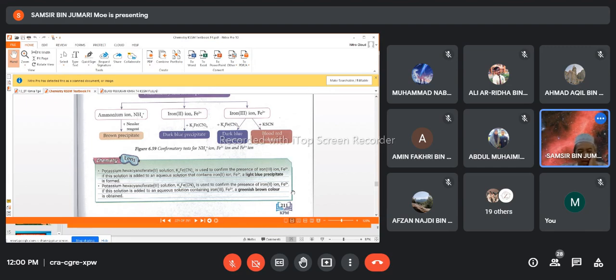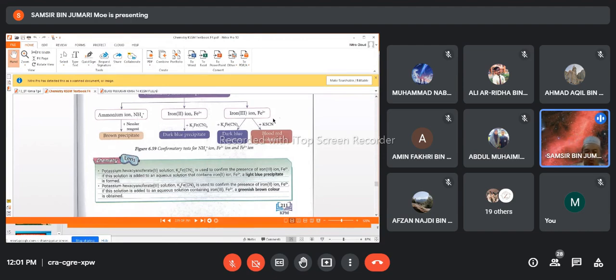Okay. Kalau kita gunakan potassium thiocyanate for the iron 3 ion, the blood red coloration in the solution will be formed. Okay, yang ini merah darah ni akan terbentuk lah. Jadi ini ada banyak ujian untuk menentukan kehadiran ion itu.